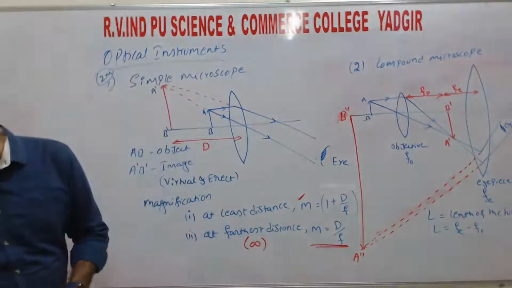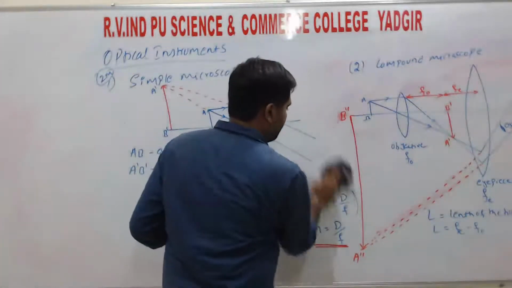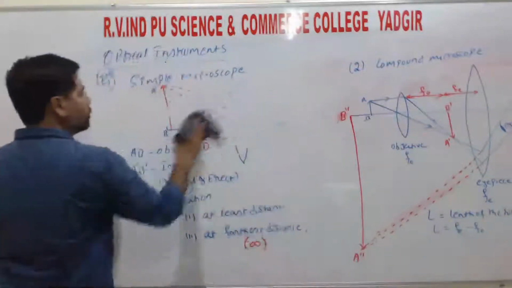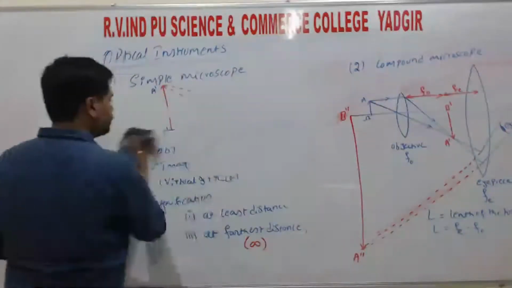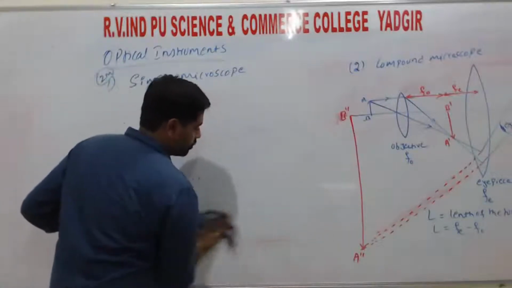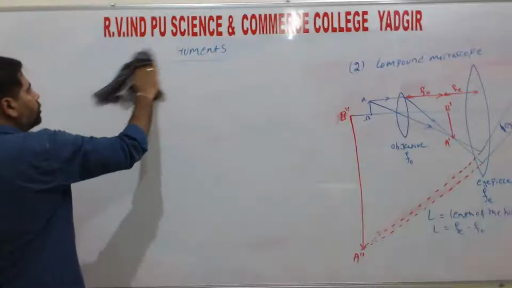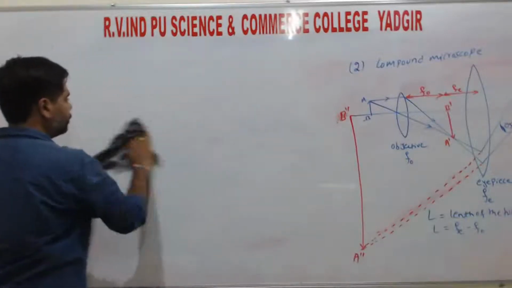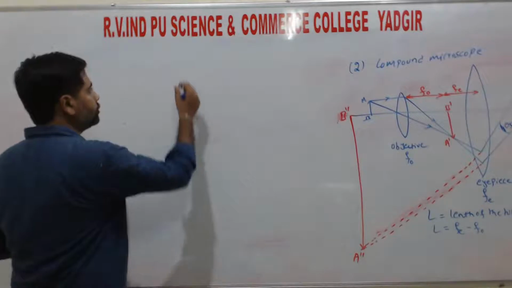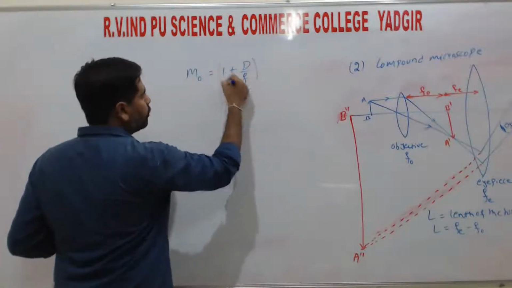So if we write the magnification for the compound microscope, here we have magnification MO, that is equals to 1 plus D by FO, right?